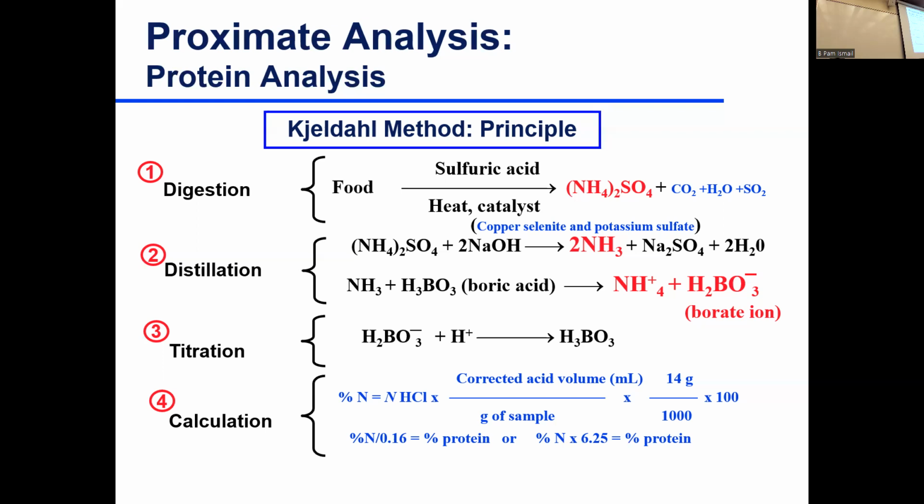You correct milliliter to a liter by dividing by 1,000 milliliter, and then you get the percent of nitrogen. And from there, percent of nitrogen times the conversion factor gives you the percent protein.